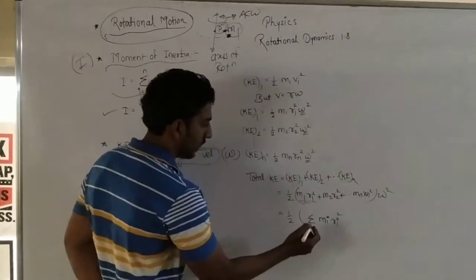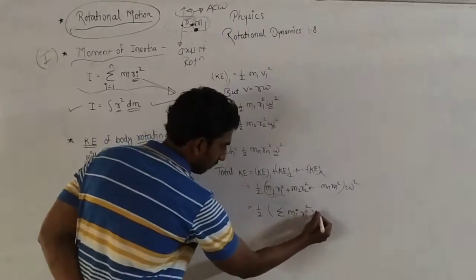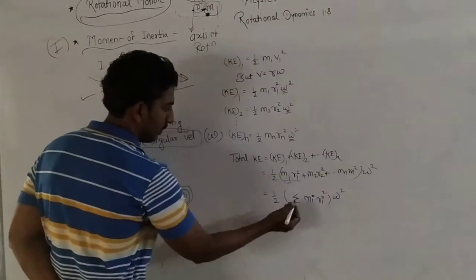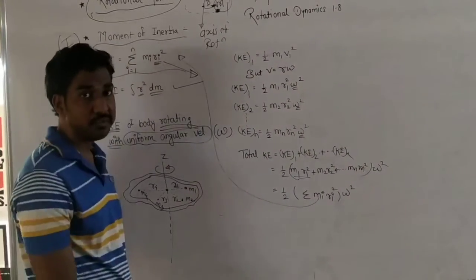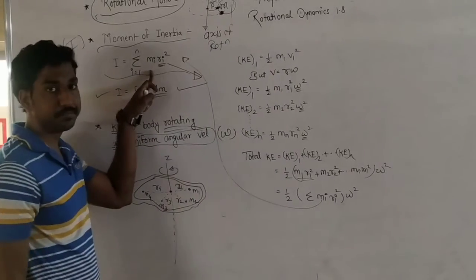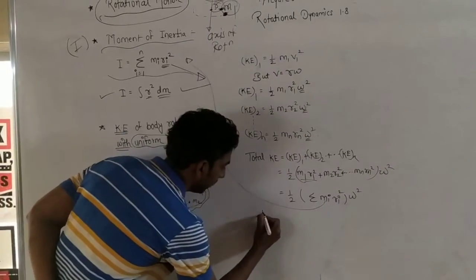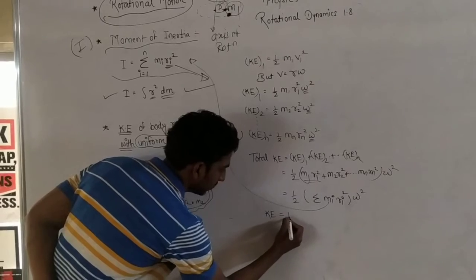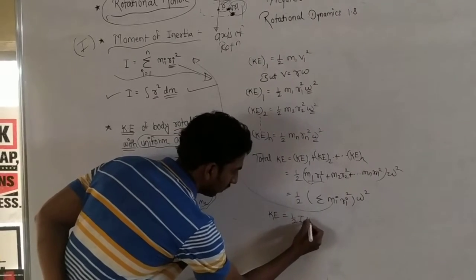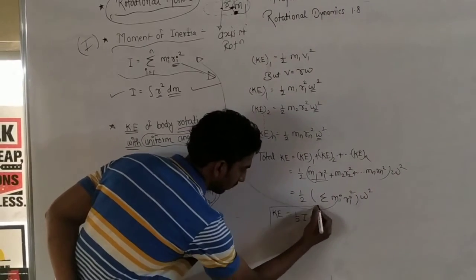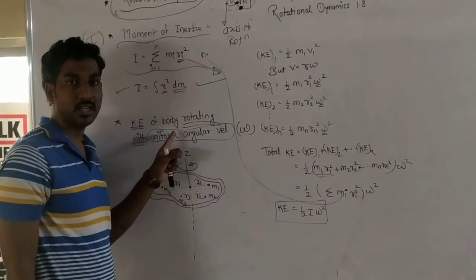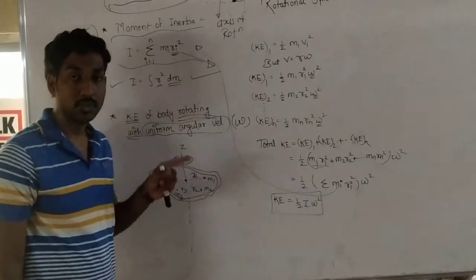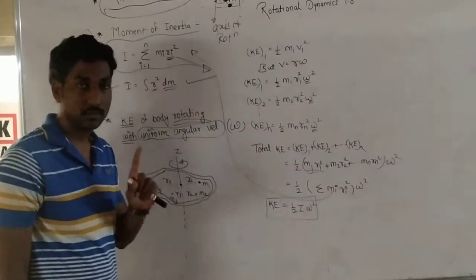But this summation of mi ri square is nothing but the moment of inertia I. So the kinetic energy is half I omega square. This is your final expression for the kinetic energy of a rotating body with uniform angular velocity.